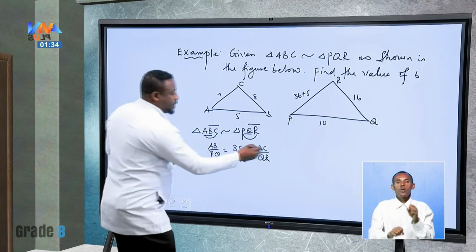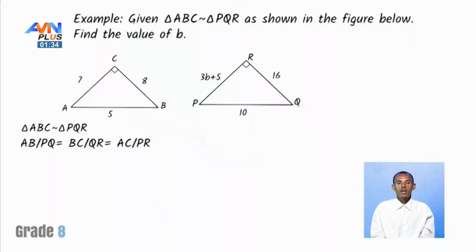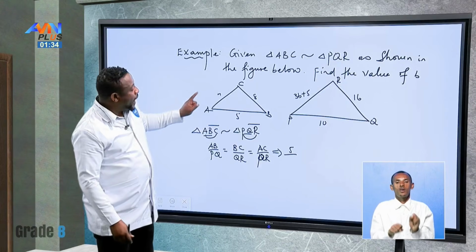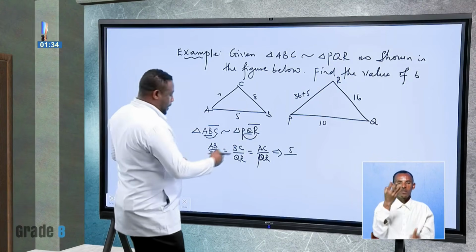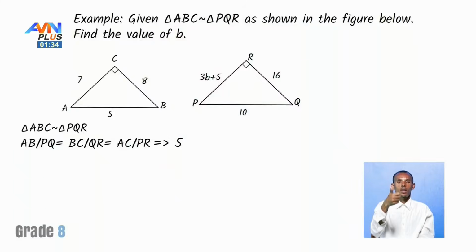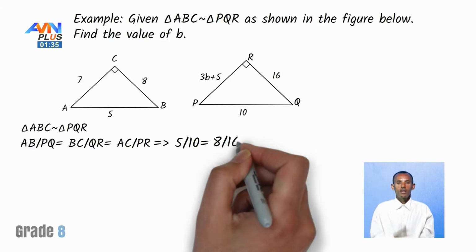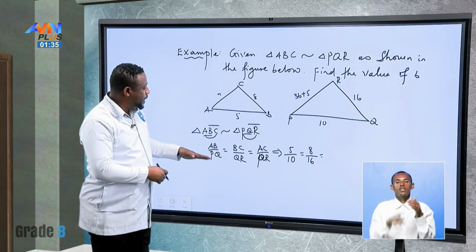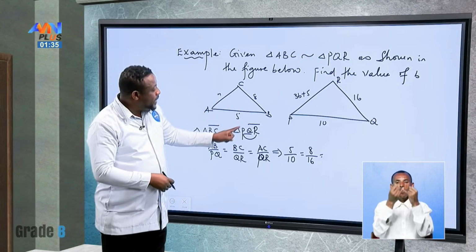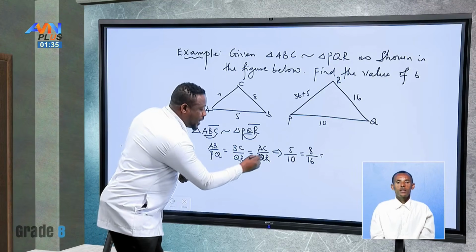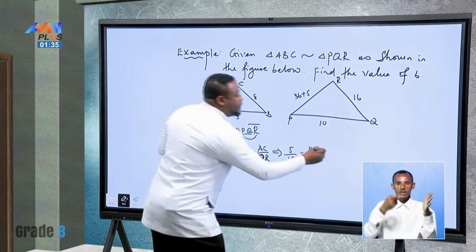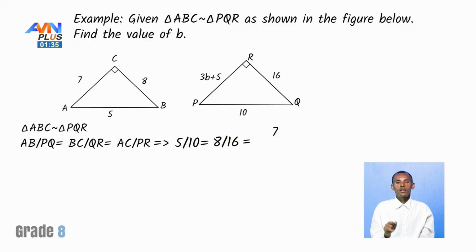So AB is 5 and PQ is 10. BC is 8, and QR is 16, and the last ratio is AC over PR, which means 7 over 3b plus 5.